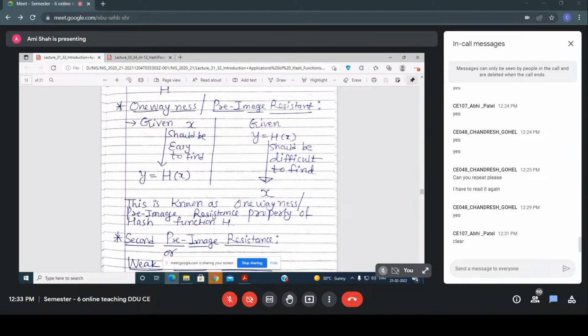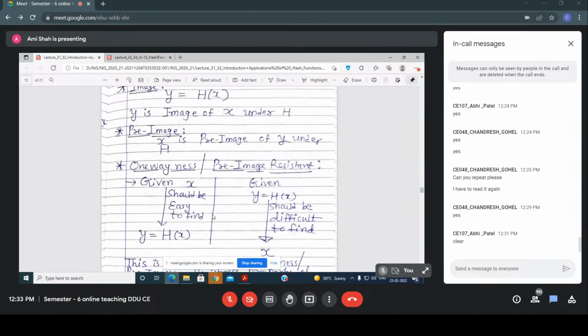Again I repeat, the first requirement of a cryptographic hash function is pre-image resistance. What is the meaning of that? This property means that it should be computationally hard to reverse a hash function. For any given hash value, it is computationally infeasible to find x such that h(x) equals y. Given x, it should be easy to find y, where y equals h(x).